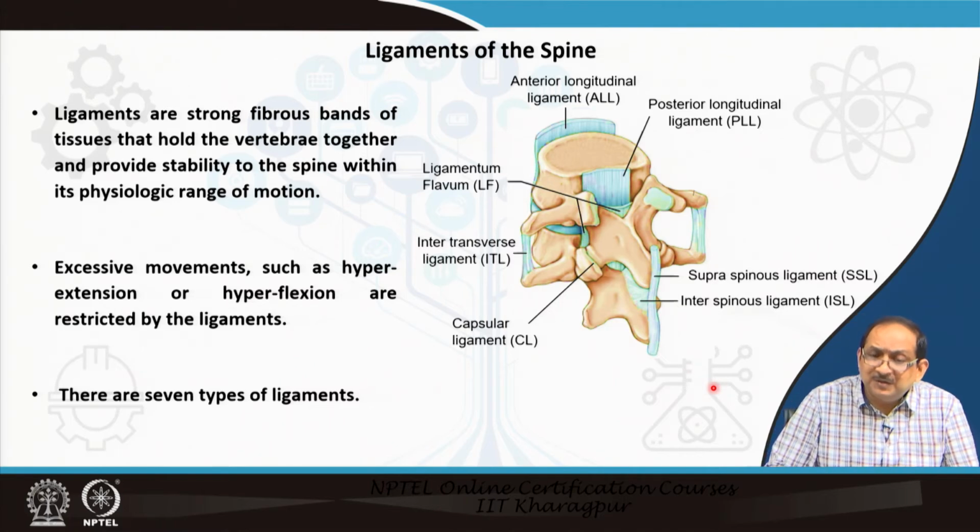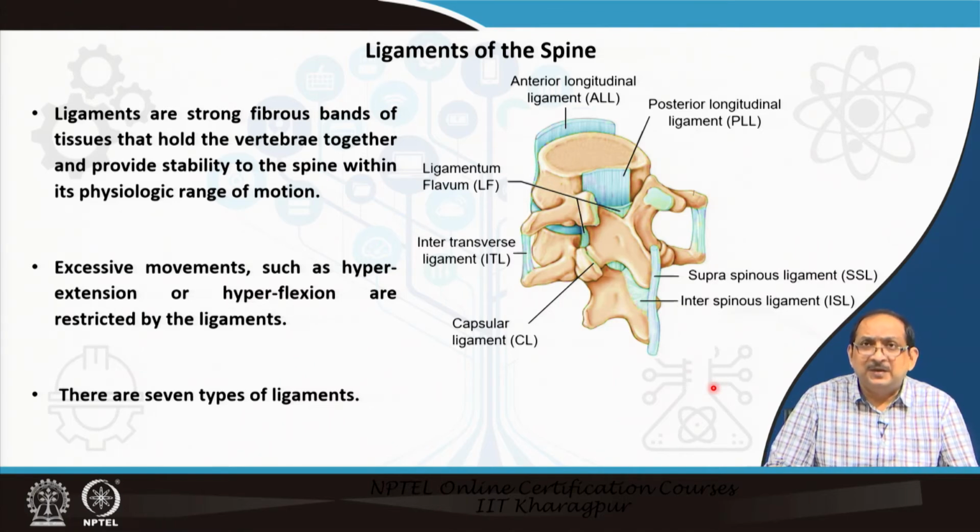Let us now discuss the ligaments of the spine. The ligaments are strong fibrous bands of connective tissue that hold the vertebra together and provide stability to the spine within its physiologic range of motion. Excessive movements such as hyperextension or hyperflexion are restricted by the ligaments.